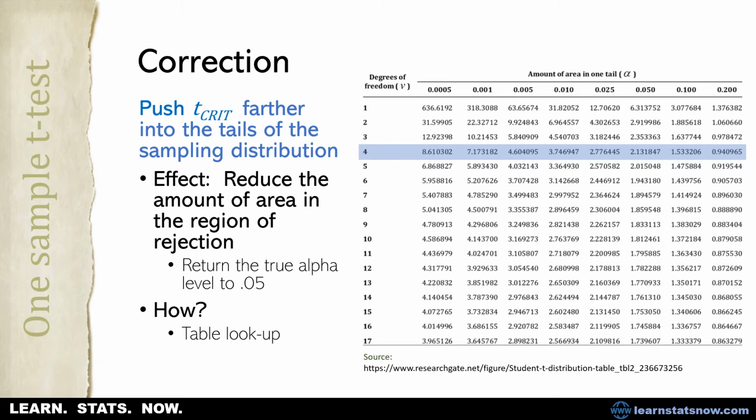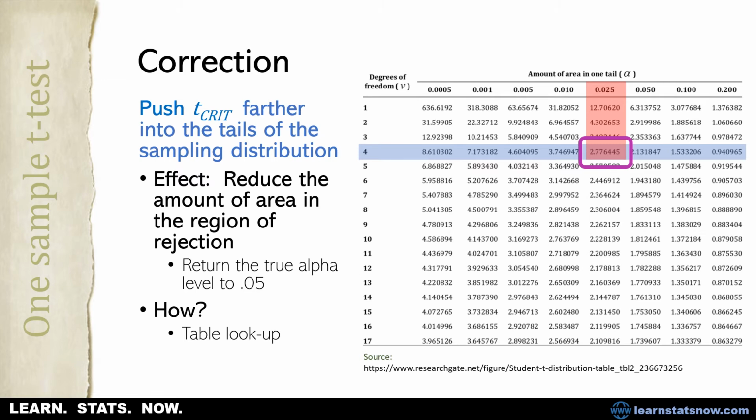So we look across this row. We had set alpha at 0.05. When you're doing a two-tailed test, if alpha is 0.05, then in each tail there is 0.025 of area under the curve, which would put it right here. Now we just look for the intersection of the row and the column, and that becomes 2.776445.